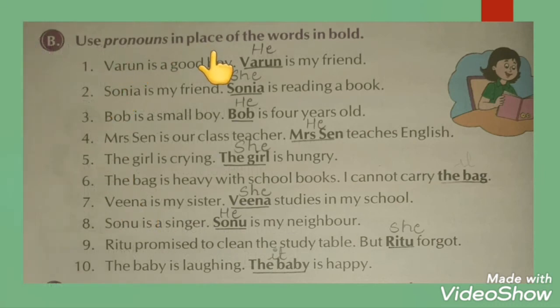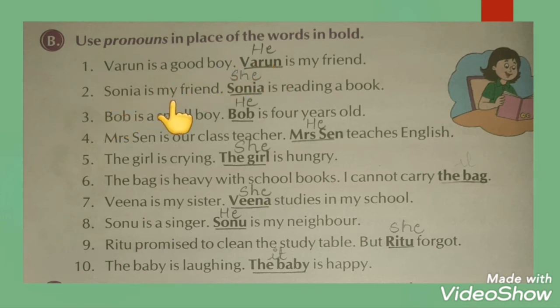Use pronoun in the place of the words in bold. Here, the bold words are given and we have to use pronoun according to that. Varun is a good boy. Varun is my friend. Here, at the place of Varun, we used he because Varun is a what? Male or female? Varun is a boy, so it is male, so we used he.